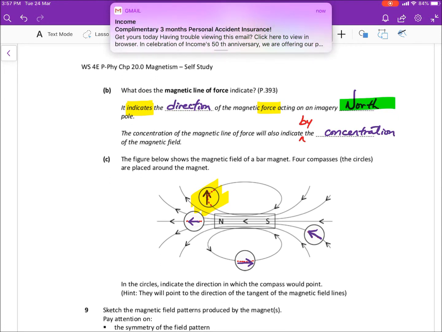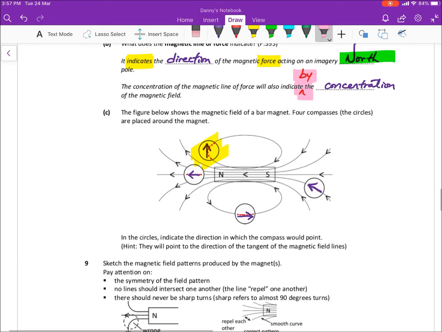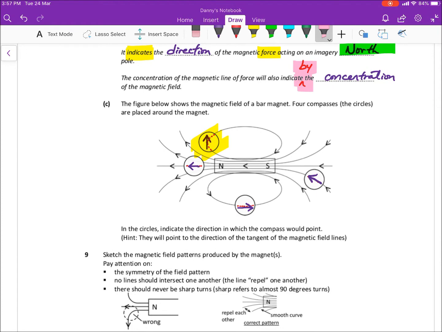Down here, I have a typo. Please add that in to be grammatically correct. Down here, this part C, most of you didn't get it. If you read the text, the compass pointer will always point in a direction tangential to the line.